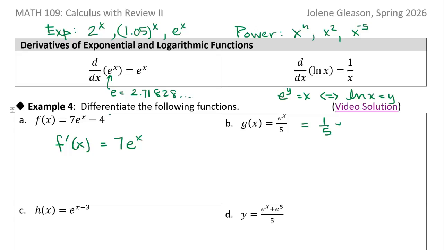So this is really the same as 1/5 e to the x. And so now we can take the derivative, g prime of x, and we can just hang on to that 1/5 and then take the derivative of e to the x, which is e to the x. So the derivative of e to the x over 5 is essentially e to the x over 5.